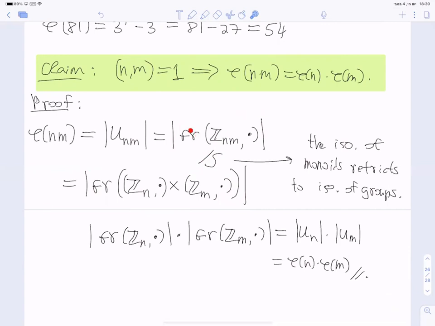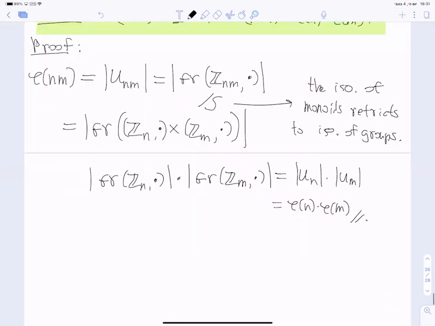Of course, without the group, it's also nm. But the invertibles of Znm correspond to the invertibles of this product. And then you find this guarantee.